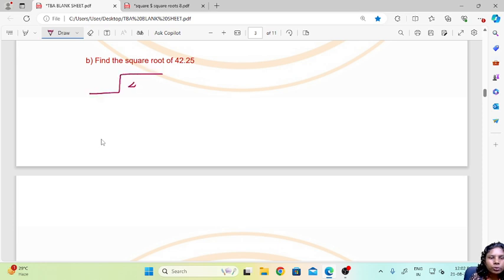Similarly, we'll do this last one. 42.25. So again we can start directly by taking this. So less than this we have, I think, 6. 6 6s are 36. So 36. Now we'll get a decimal here. So 36 if you take, so come 3, 6, okay, 6, and then these two numbers come down, 25.